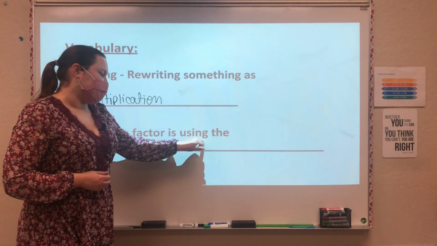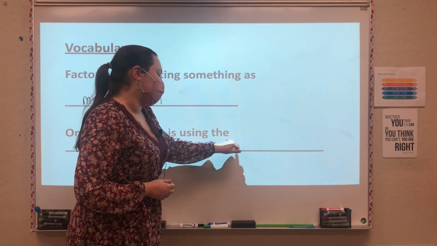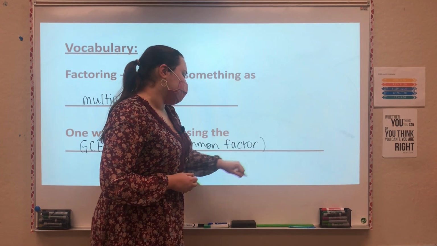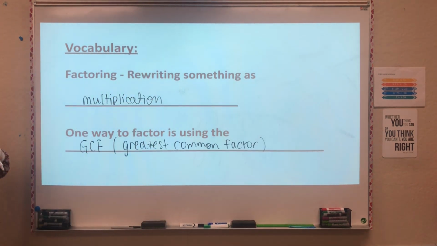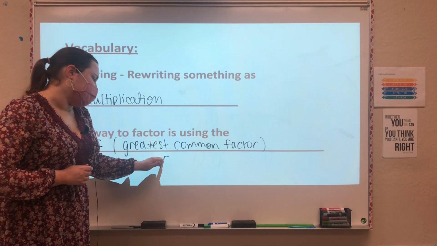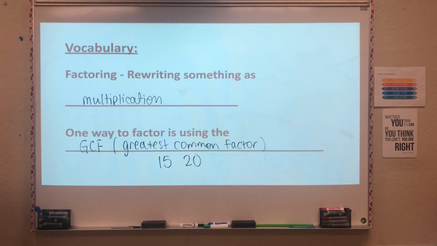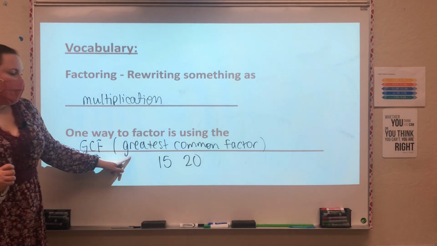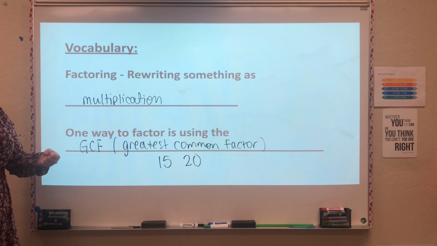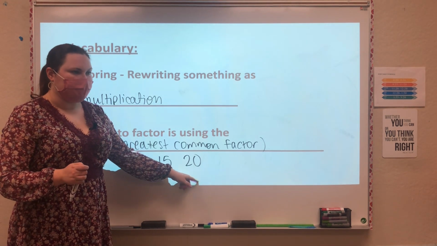When we say greatest common factor, oftentimes when that is first introduced, it's introduced just with numbers. So for example, if I have the number 15 and I have the number 20, the greatest common factor is the biggest number that goes into both 15 and 20.